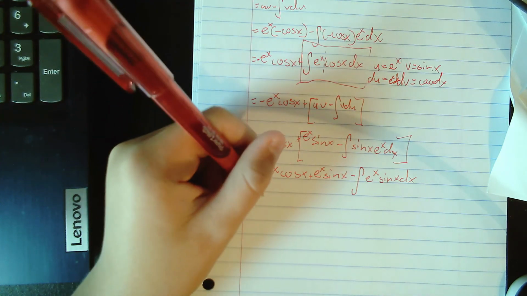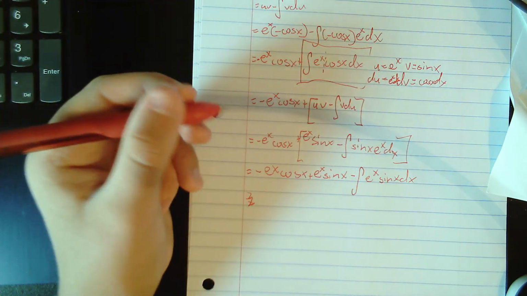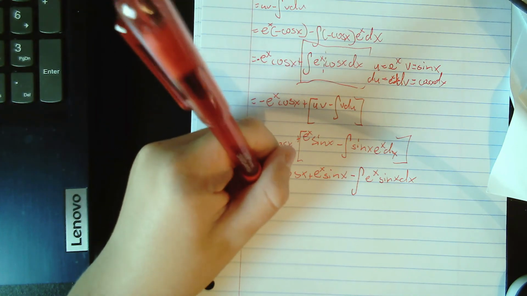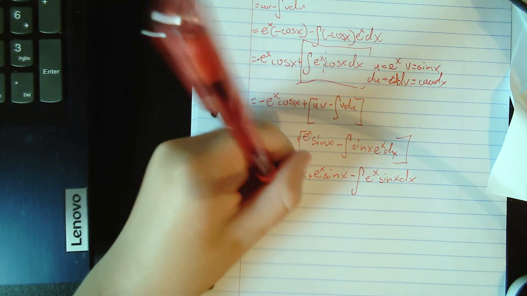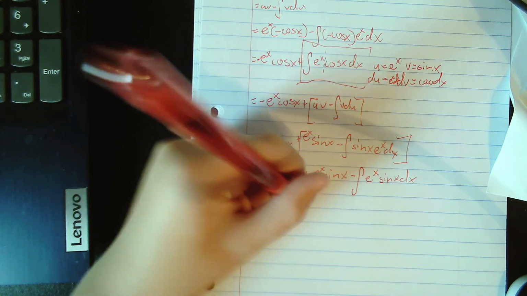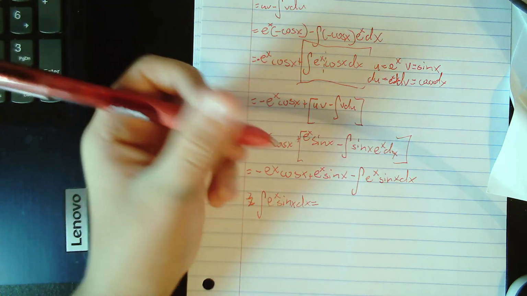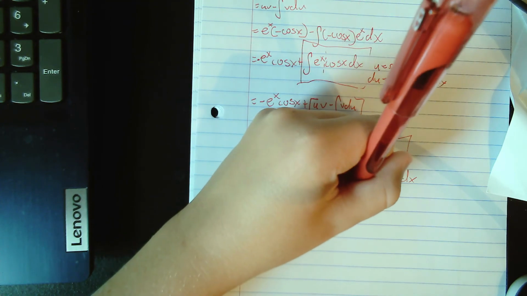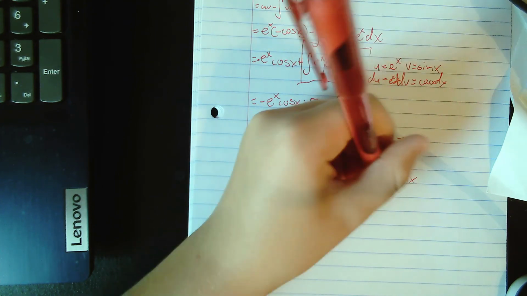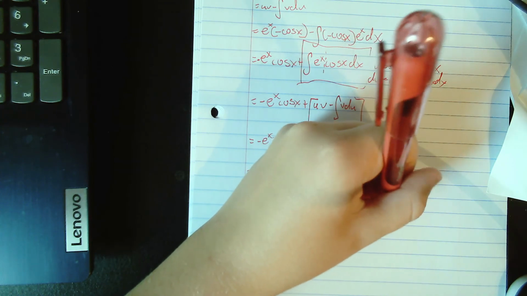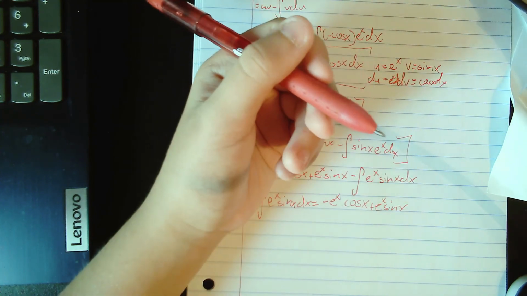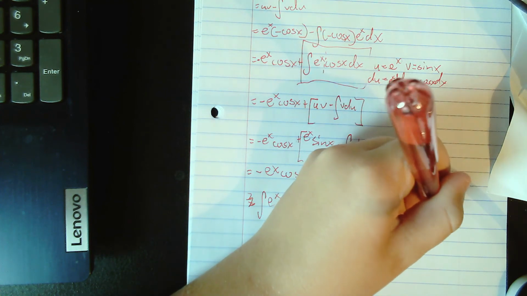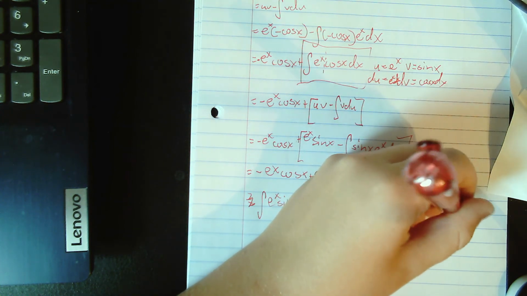The integral of e to the x sine of x dx is equal to minus e to the x cosine of x plus e to the x sine of x, minus the integral of e to the x sine of x dx.